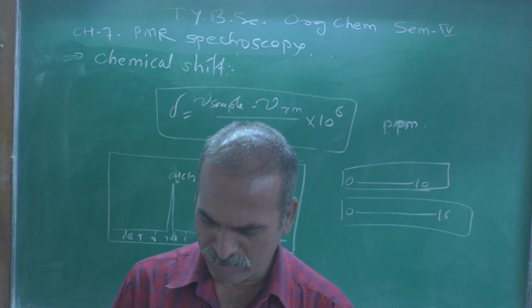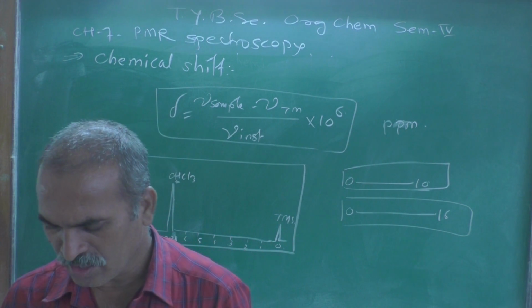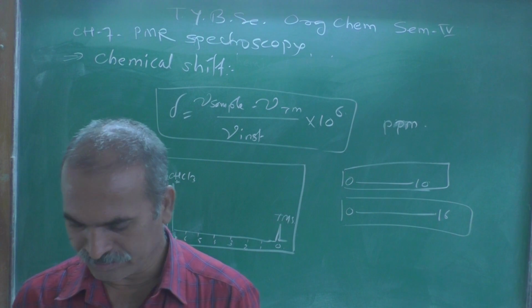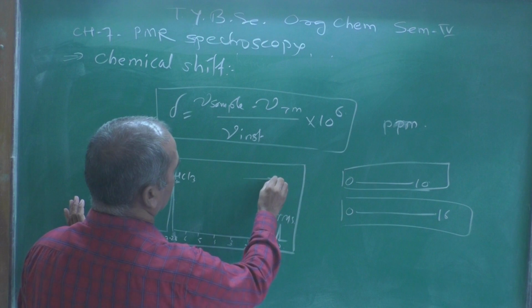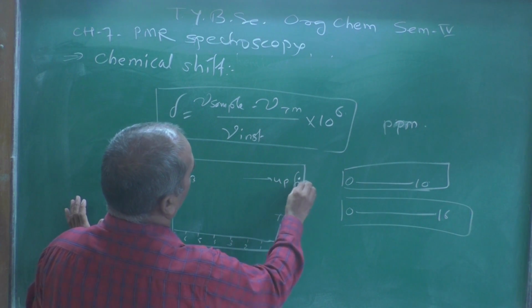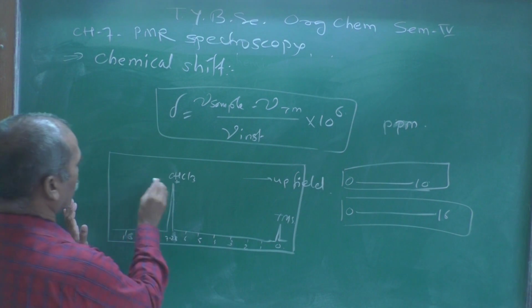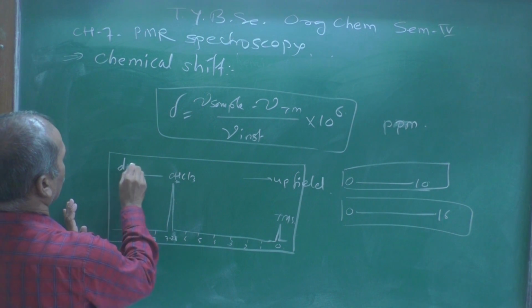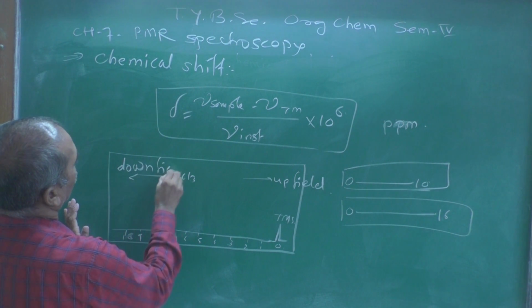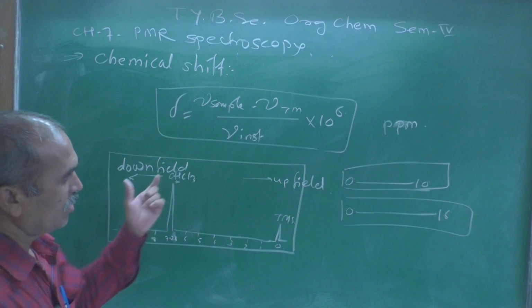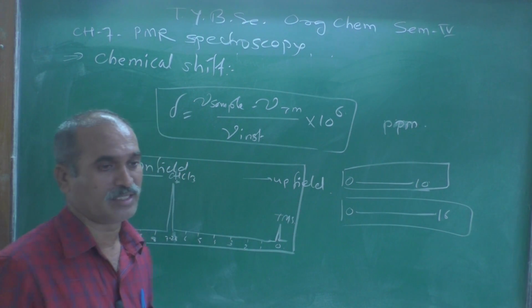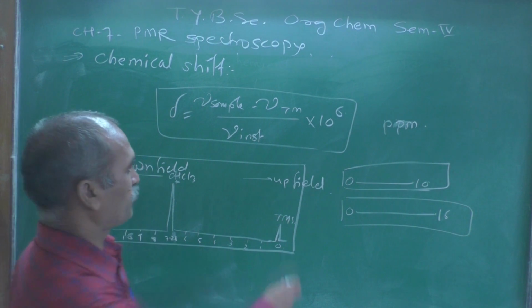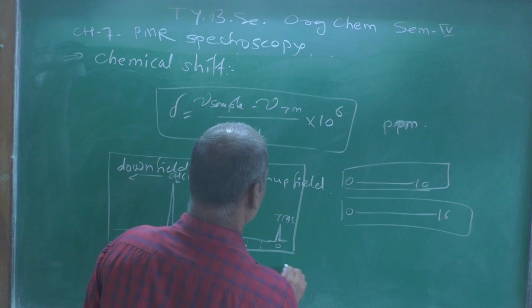Second point you should remember: de-shielded protons absorb at a lower field. This side is known as upfield, meaning magnetic field, and this side is called downfield. Tetramethylsilane has the most shielded protons.